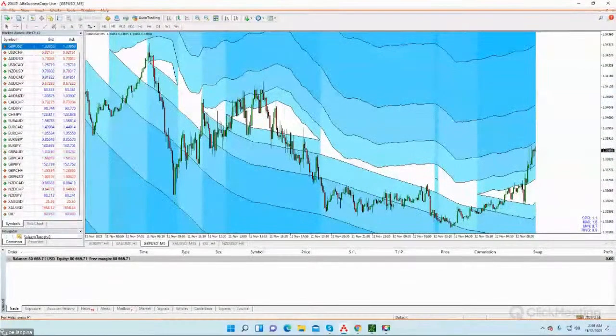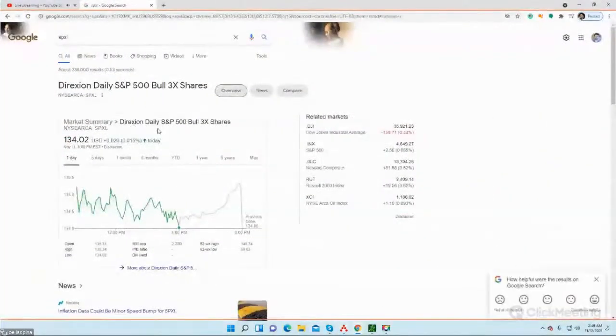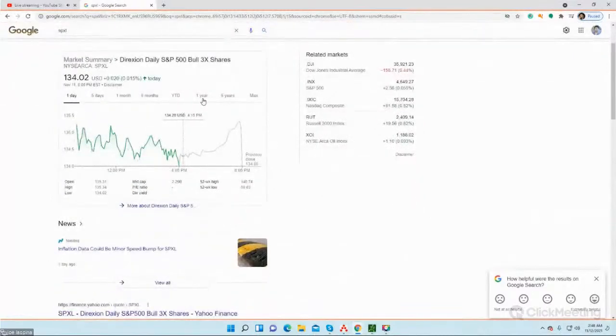Maybe I have to go with SBLX. SBX long. Okay. This one, it was $22.